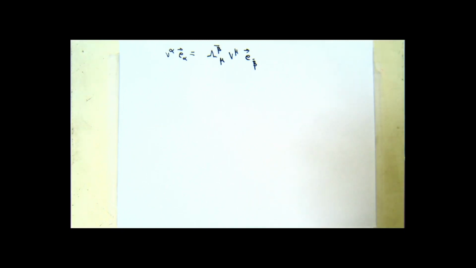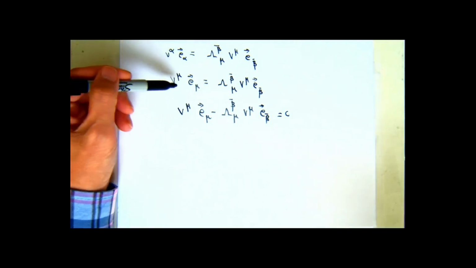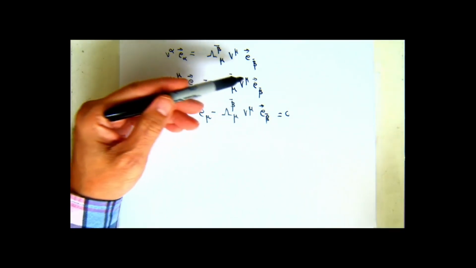So what I'm going to do is index things so that certain things match up. I'm going to replace index alpha with index mu. The reason that I'm doing that is this will make the upstairs index on the V mu, which will match that one.